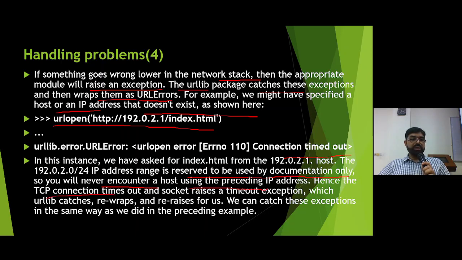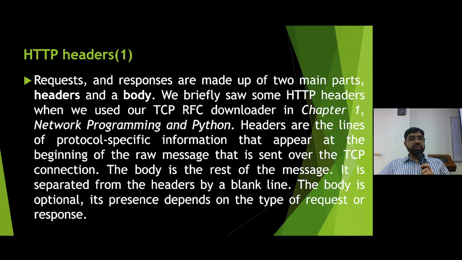Hence, the TCP connection times out and the socket raises a timeout exception, which urllib catches, rewraps, and re-raises for us, and we can catch these exceptions in some way as we did in the preceding example. So we see another example.